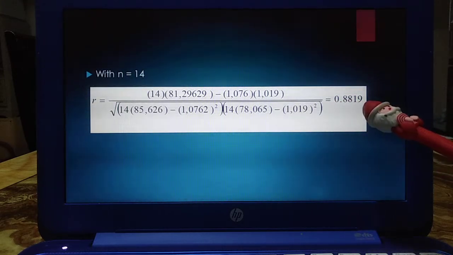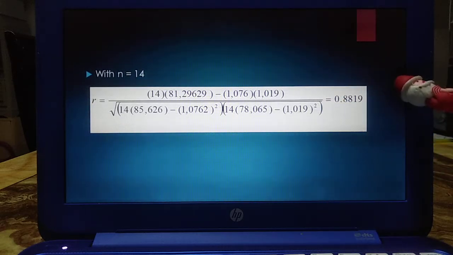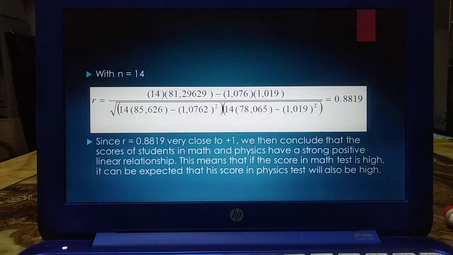It's positive, therefore there is a direct correlation, which means that as one variable increases, the value of the other variable also increases. It's near to positive 1, so we have a strong direct correlation.